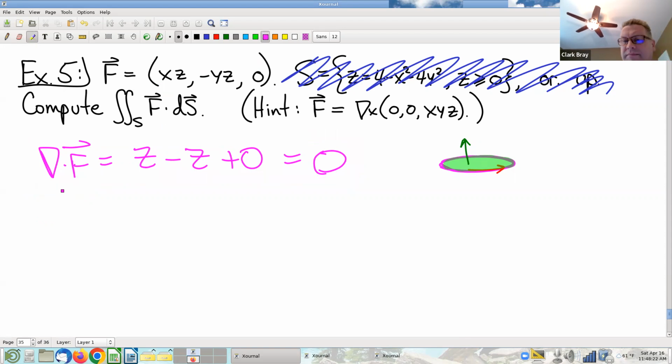Yeah, so let's write it down. Now we've got a flux integral to compute here. Flux now over our new surface. I'm going to call my new surface S2.